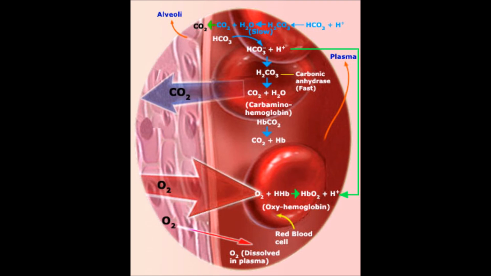Now, we do have some protective reflexes. We do have what is called a stretch reflex in the lungs, a little bit different than those type of reflexes we looked at in skeletal muscles. What this stretch reflex does is prevent overexpansion of the lungs.